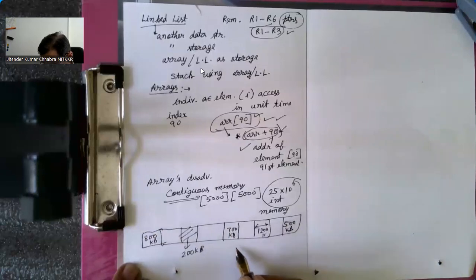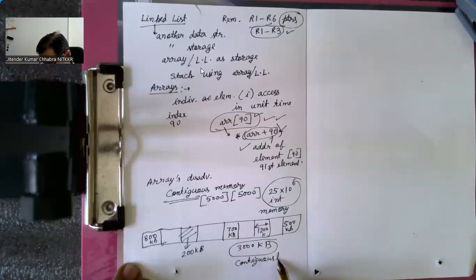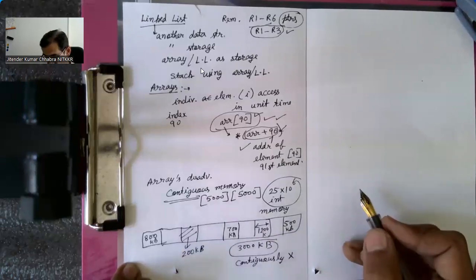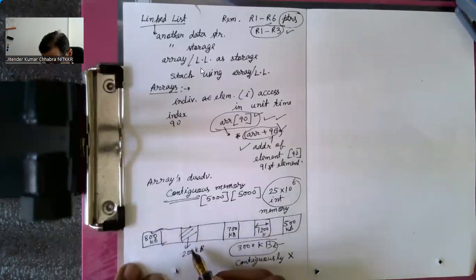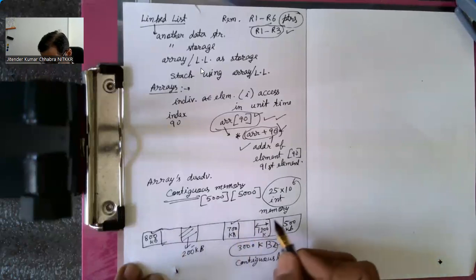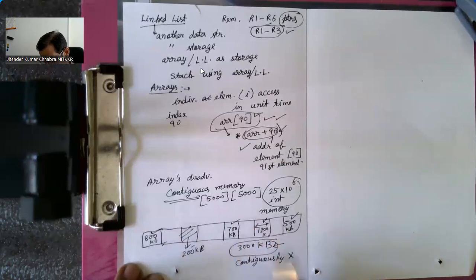So individually, I might not have 3000 KB available. If I need a 3000 KB memory for some array but contiguous memory is not available, although separately that much memory is available, the array cannot be stored in such a situation. So I have 800 plus 2000, 200, 1000, 1700, 2900, 3400 available, but not a contiguous 3000.